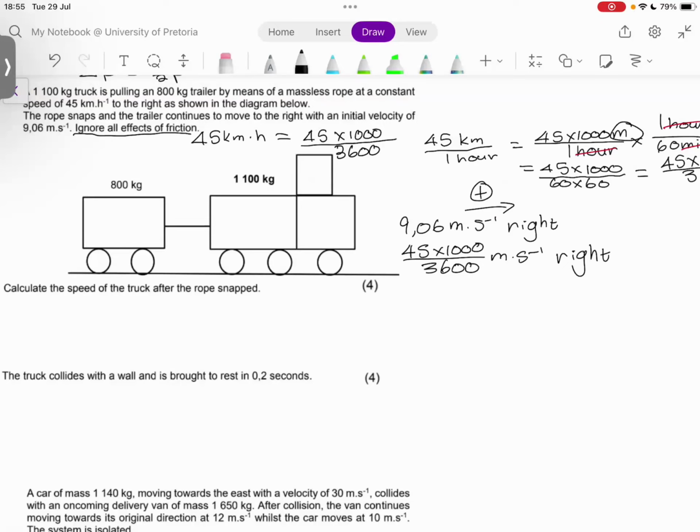I just want to put this into my calculator and see what the actual value of this is so we can continue on with this problem. This is the same as writing down 12.5 meters per second.